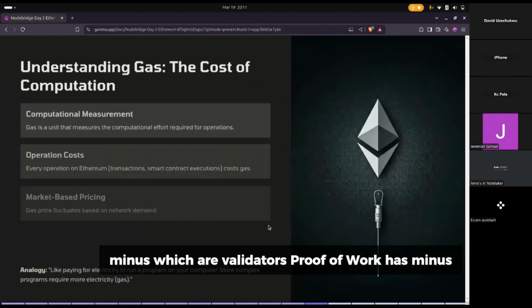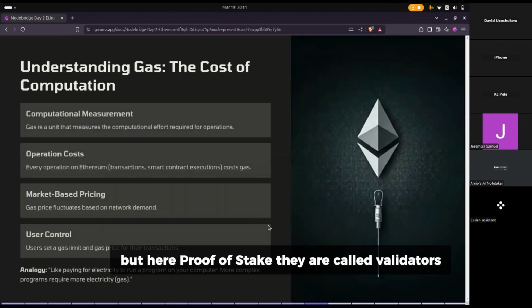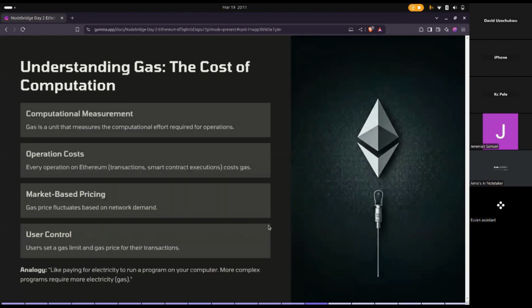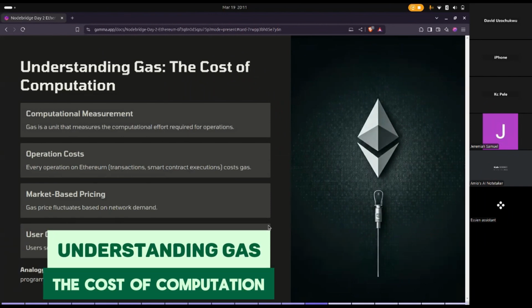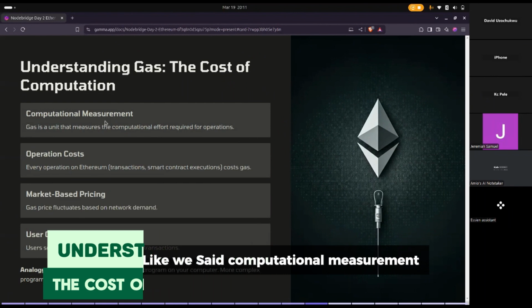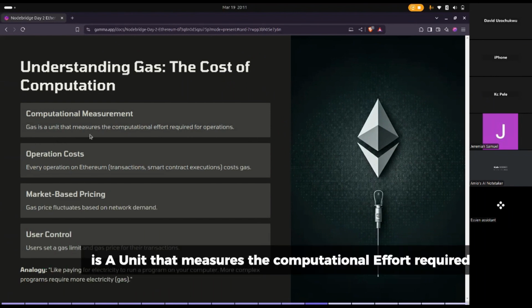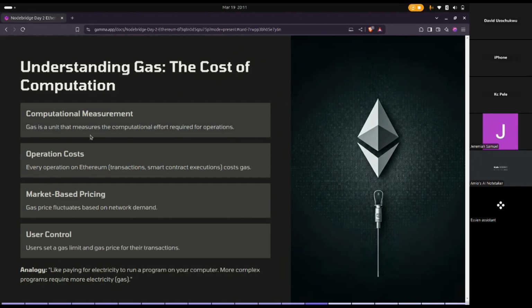Proof of work has miners, but here, in proof of stake, they are called validators. So understanding gas, the cost of what? Computation, like we said, a computational measurement. Gas is a unit that measures the computational effort required for an operation.